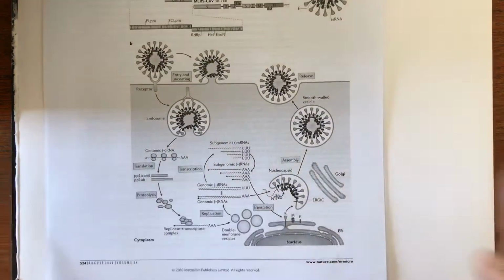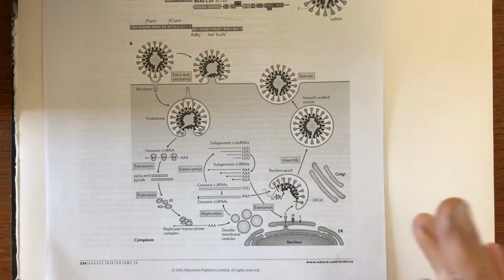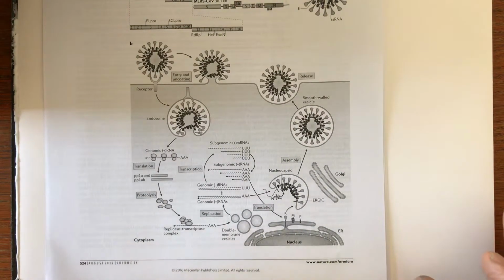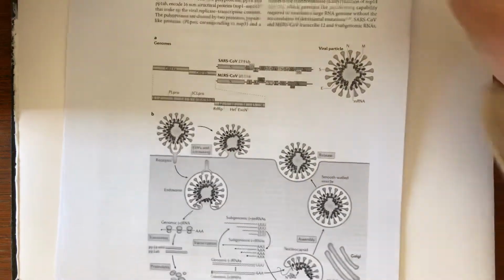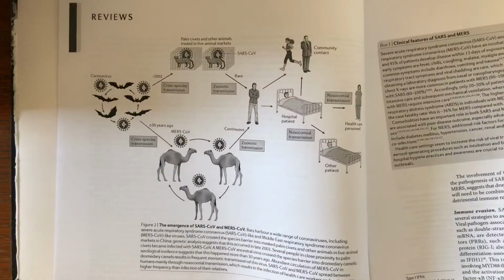The life cycle is really the key to an overall understanding. There are many genetic issues I want to focus on here, and of course in the disease. This review is good because it talks about the disease as a whole, including how it's spread.